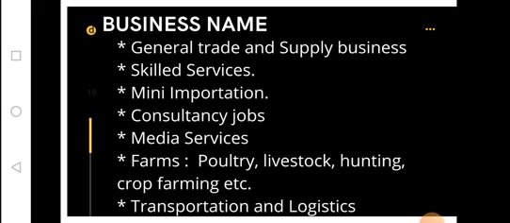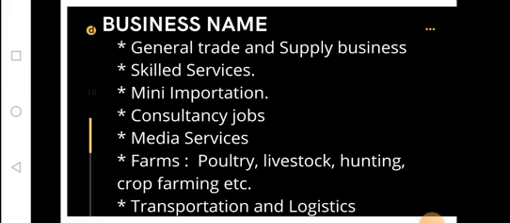However, depending on your long run thought for your business, you can still register this as a limited liability company. Why I place them this way is because this is the minimum requirement CAC can approve for business name. Other businesses I'll be mentioning cannot go for business name. That is why I decided to list them this way.